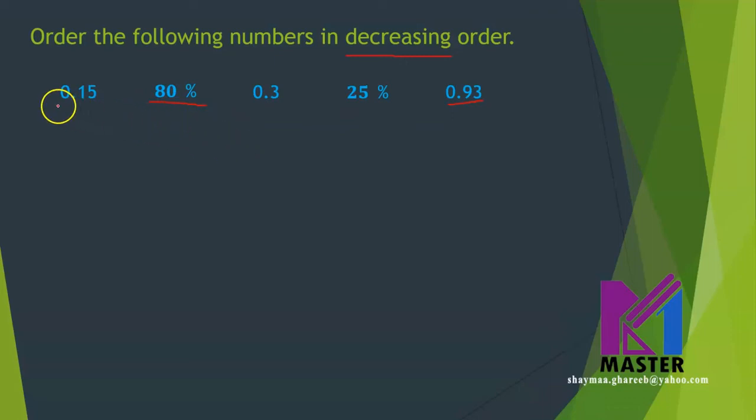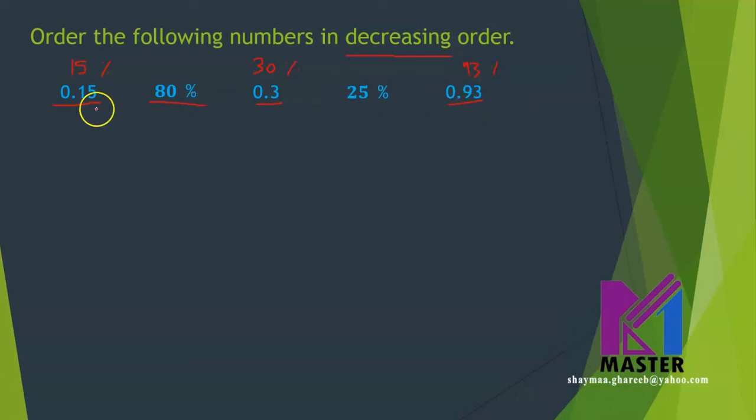So let's try changing the decimal number into a percentage. So we said we are going to multiply it by 100. When you multiply this by 100, it will give you 15%. Okay. What about 0.3? 0.3 will give me 30%. And what about 0.93? It will give me 93%.